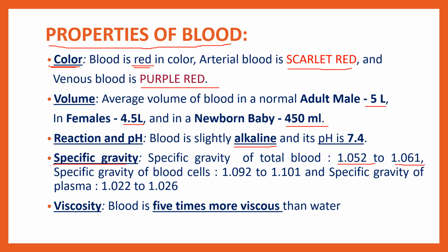Then specific gravity of blood cells is 1.092 to 1.101, and specific gravity of plasma is 1.022 to 1.026. Next is viscosity. Blood is 5 times more viscous than water.